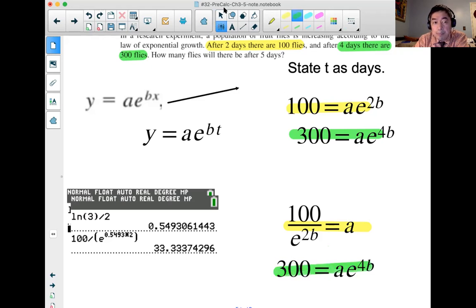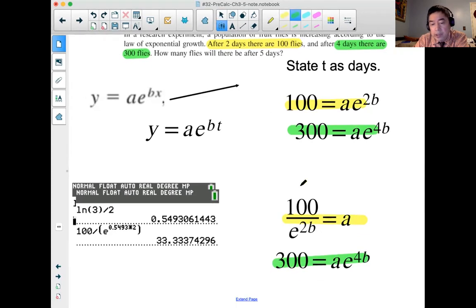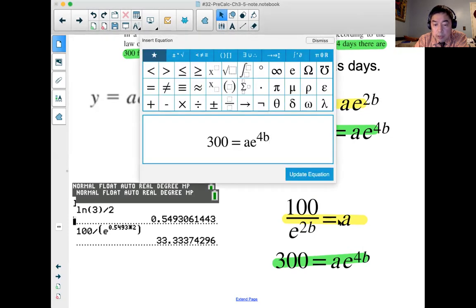Okay, now the green equation has a, so we can replace it right here. So we solved for a in terms of e and b. So let's plug that in. I put the multiplication mark here, so it might be easier to separate.